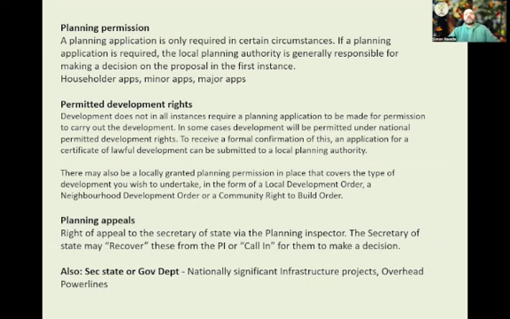There are also things like permitted development rights. Permitted development rights allow you to do certain things to your property or to a locality without gaining planning consent. So if you are a householder and you've not extended the property, you're usually allowed to extend it up to a certain level. That's defined by a number of square meters above the existing threshold.